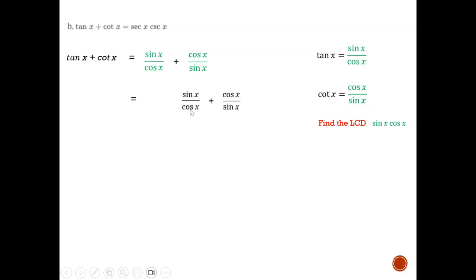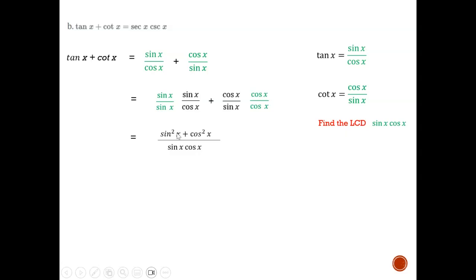So for the one on the left, what's missing on the bottom is the sine x, so I'm going to multiply by sine x over sine x. And for the second term, cosine x over sine x, what's missing on the bottom is the cosine x, so I'm going to multiply top and bottom by cosine x. So it's going to give us sine squared x plus cosine squared x over sine x cosine x.